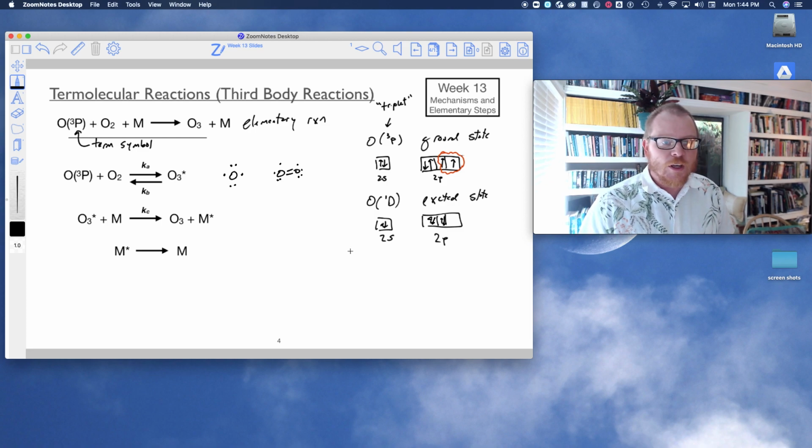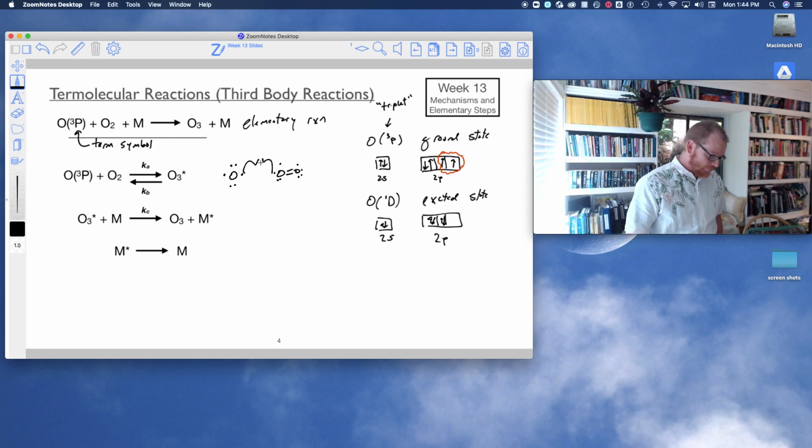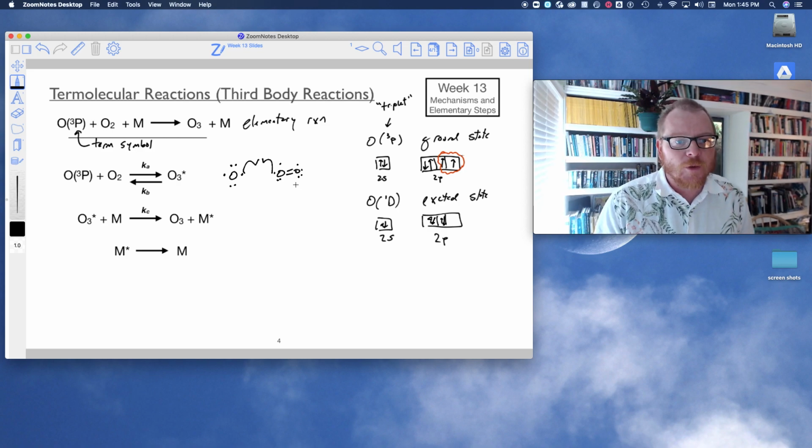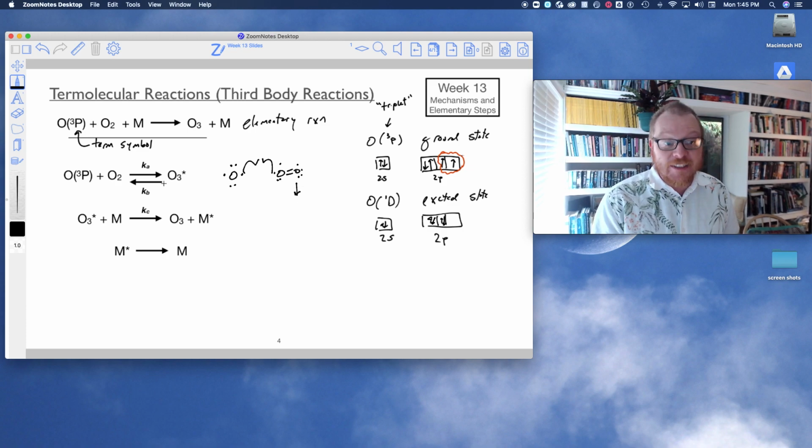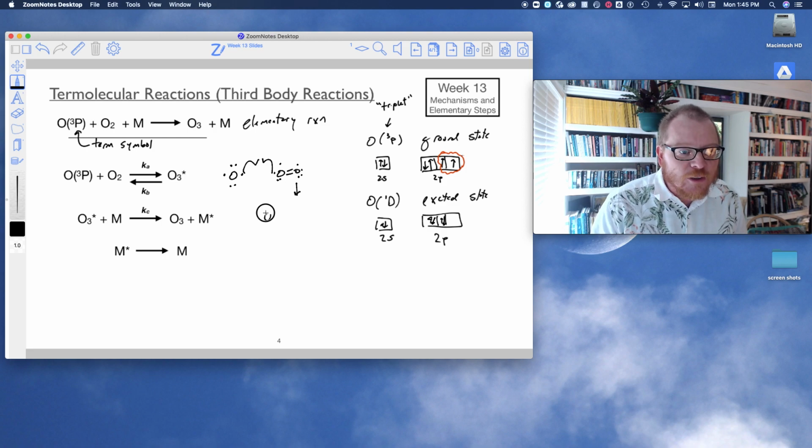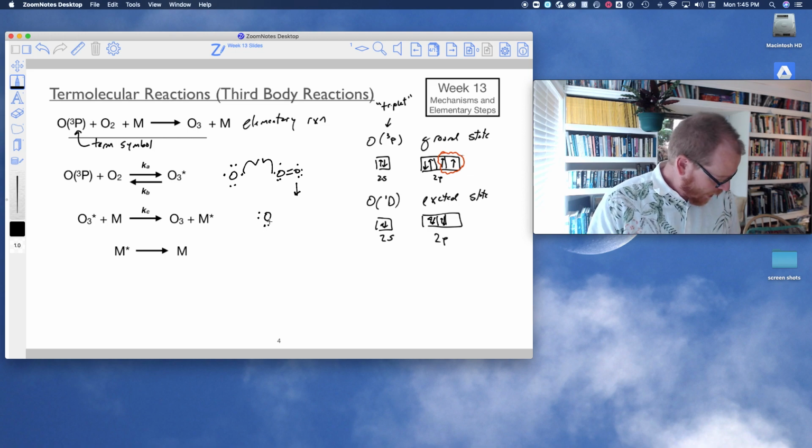So when these two things combine, an oxygen atom and an O2, they combine via this fishhook mechanism, by this radical mechanism, and that forms an unstable O3 star. That's what that star means. It looks something like this. We've got our lone pairs all around, and now we've got this elongated bond here with this other oxygen.